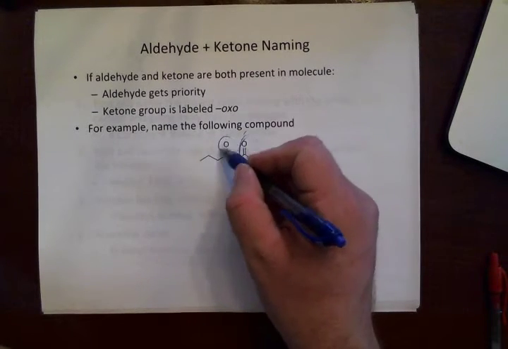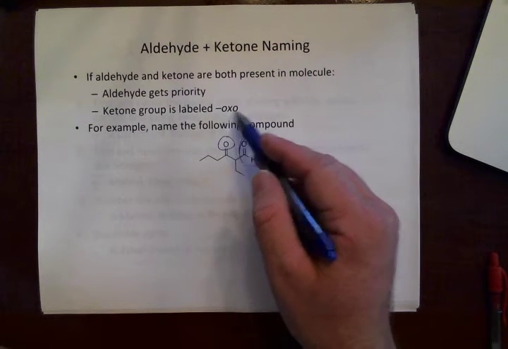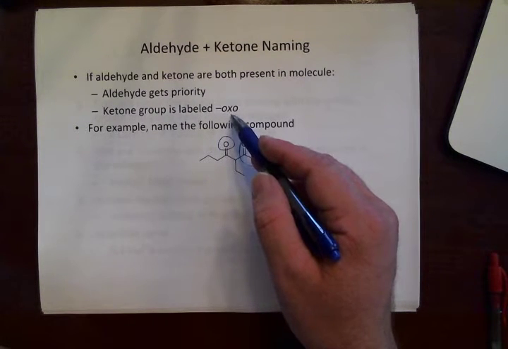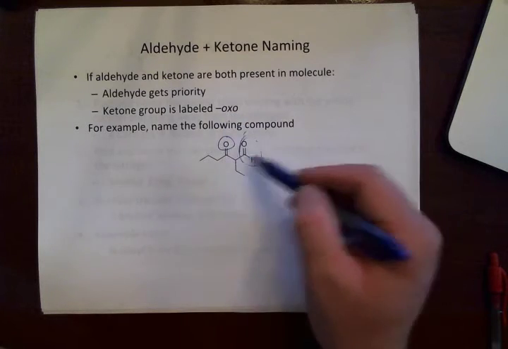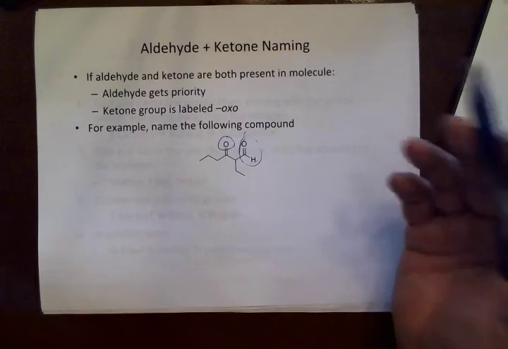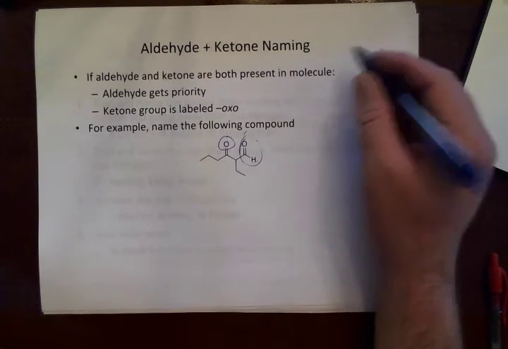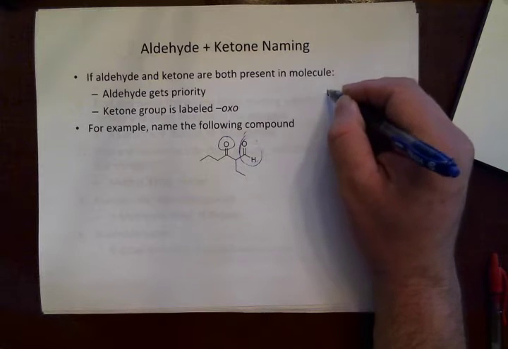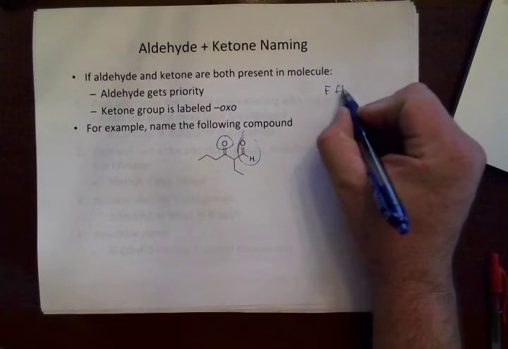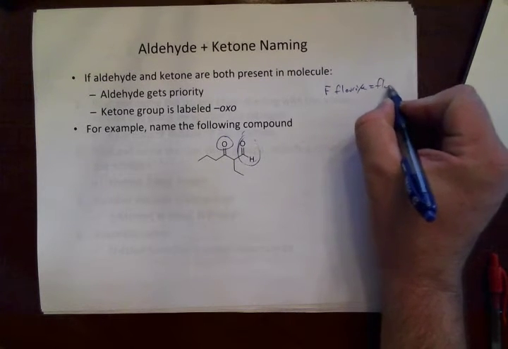Okay, so we need to figure out a name for this. What we did is we decided to use the oxo. You're also going to need to know what the groups are when they aren't the priority group. The way they figure this out: if you had a fluorine, it goes to fluoro.